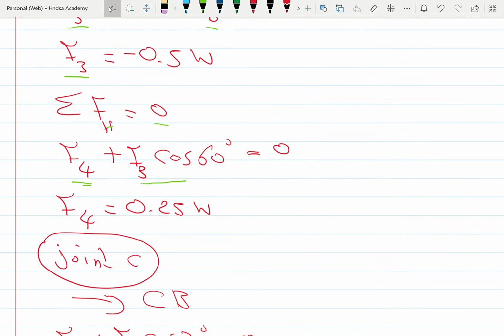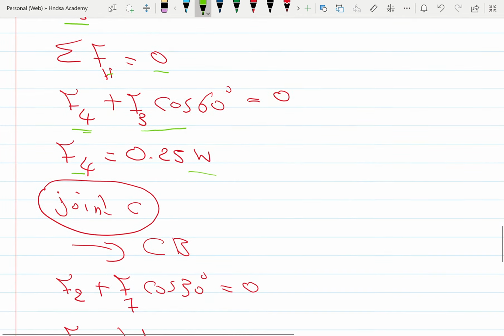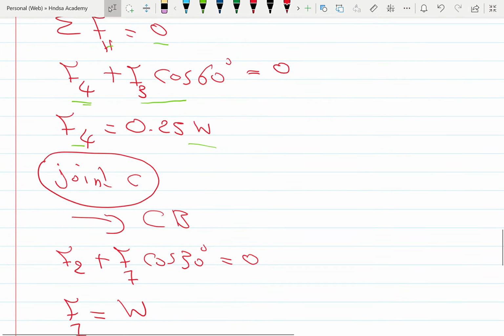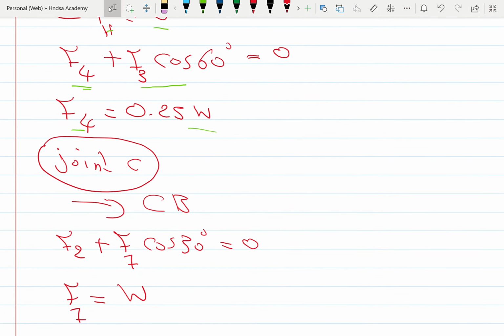That will give us force 4 equal 0.225 W. So that means it was in tension, because we got it plus. We got the guess right.